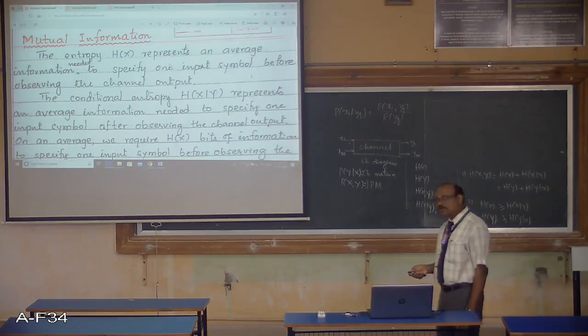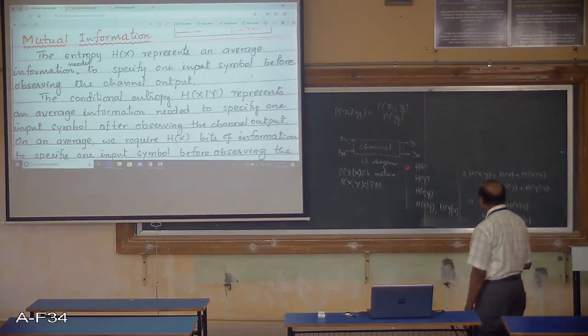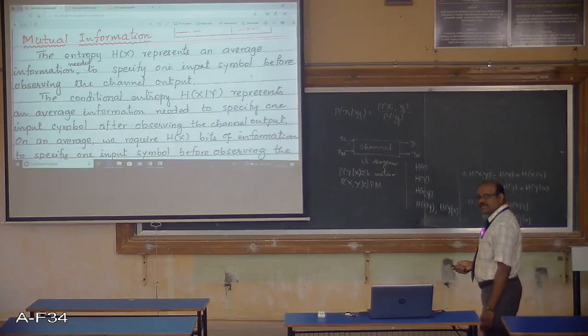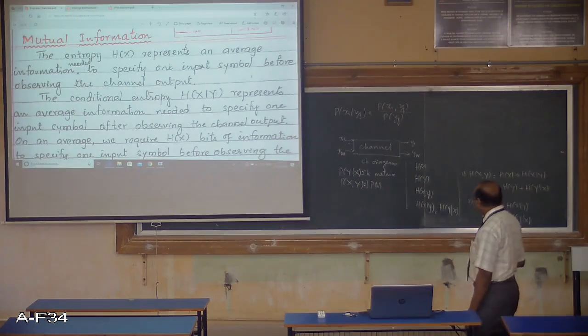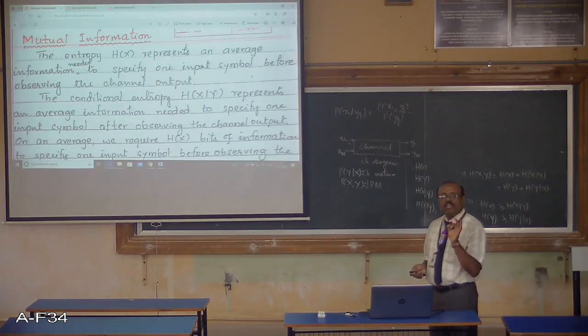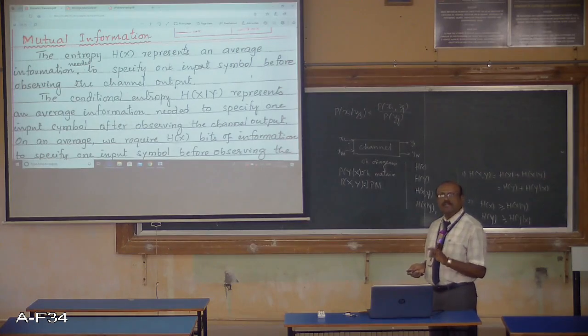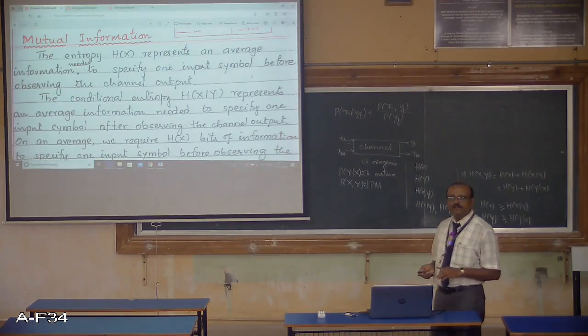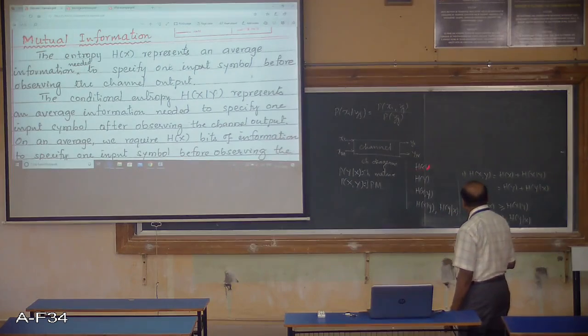Average information per symbol is what we call entropy. H(X) is the source. On an average, H(X) indicates how much information every input symbol is conveying.